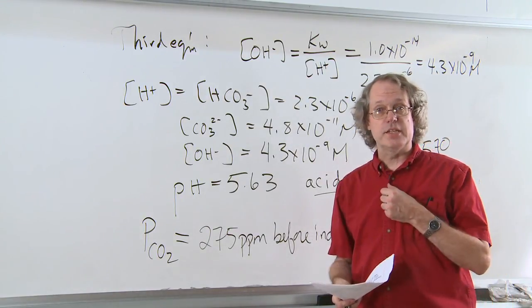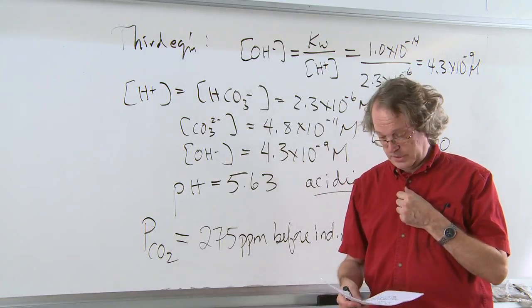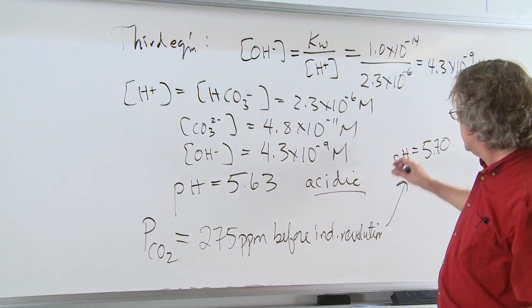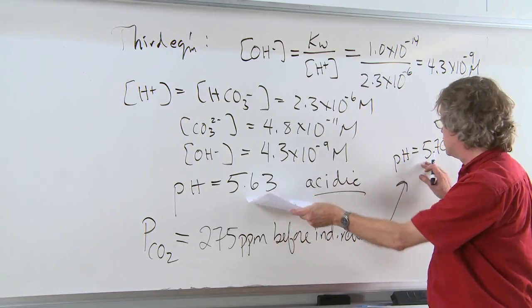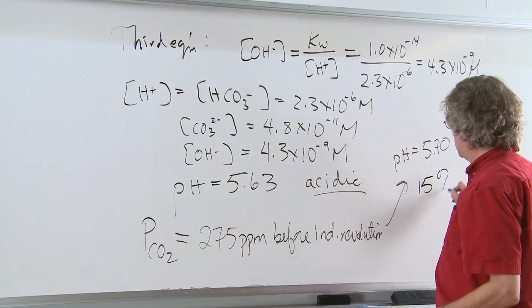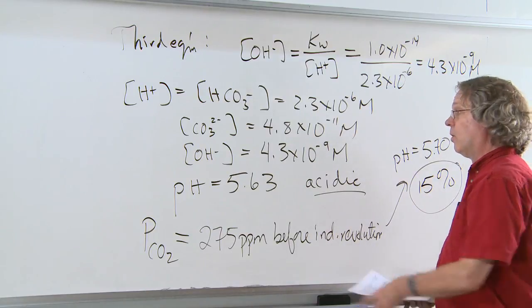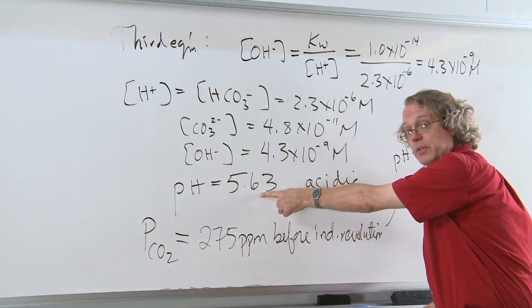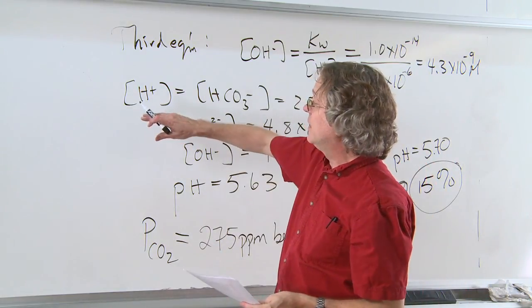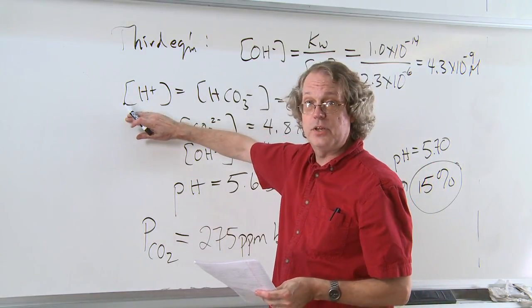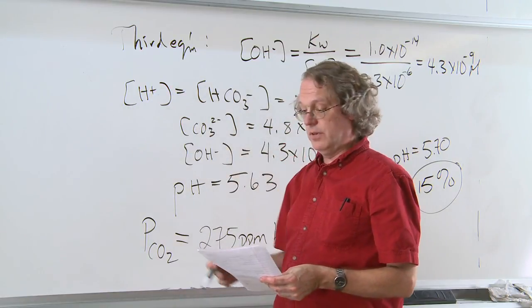So raindrops were less acidic before the Industrial Revolution than they are now. In addition, this is a small number here, but remember this is a logarithmic scale. So this corresponds to about 15% more protons in a raindrop now than there used to be. So this gives us the idea of the acidity or pH of a raindrop in the absence of environmental pollutants.